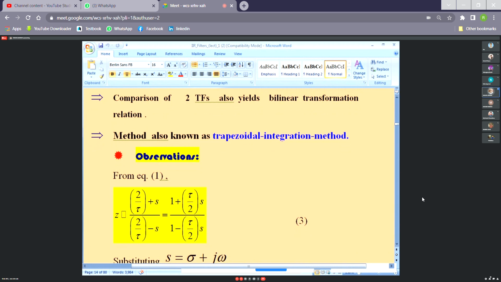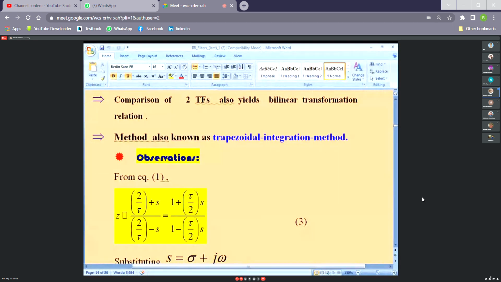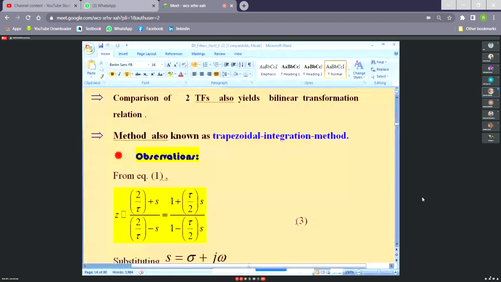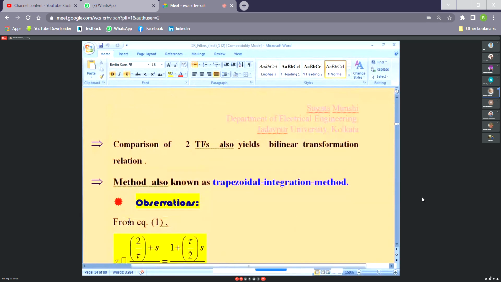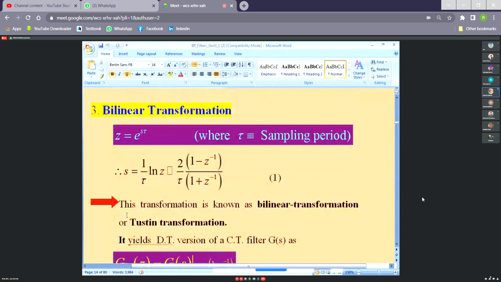Have a look at equation 3 now. From equation 1, we obtained that Z is approximately equal to... what was equation 1? That is equation 1.